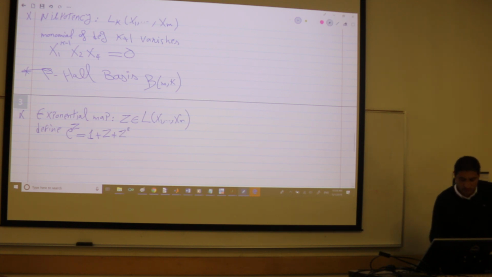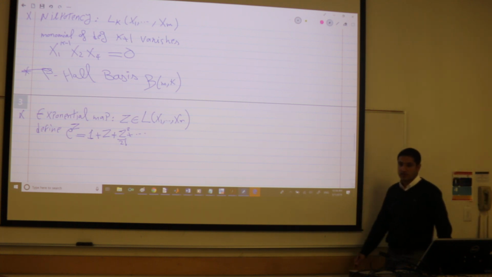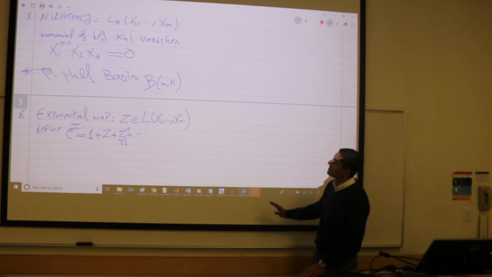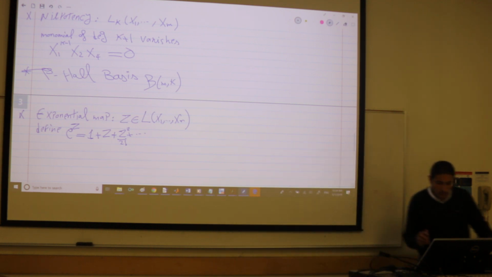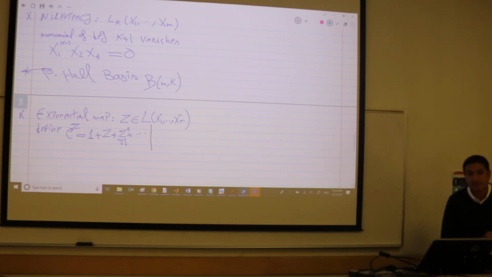How do you get this z squared? Well, we can multiply, that's fine. And so on, z squared over 2. So this is an exponential map. It might cause a problem if we are not truncating, so this is why they call it formal power series. But we don't need to worry about that because we're going to truncate anyway.